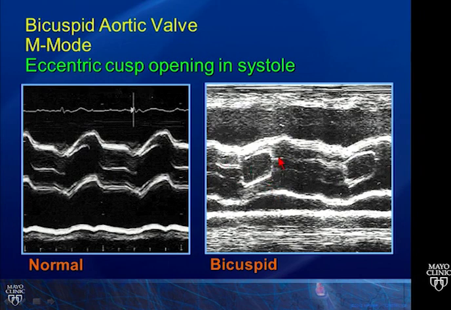And when it closes, it's eccentric. It's off axis of the center part of the ascending aorta. So that's another clue, and another place where M mode can help us out if we're not sure that this is a bicuspid aortic valve. You can have your sonographer slip an M mode down that ascending aorta just at the leaflet tips and see if it closes eccentrically. So that may be one other classic M mode that you want to keep in mind.